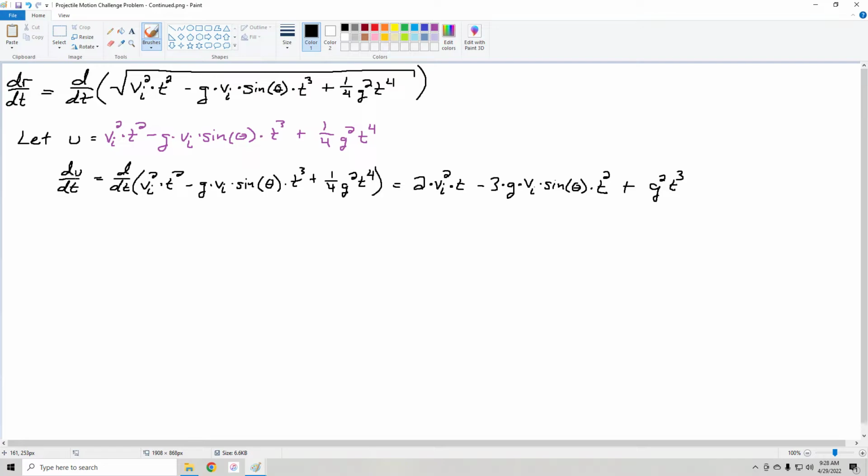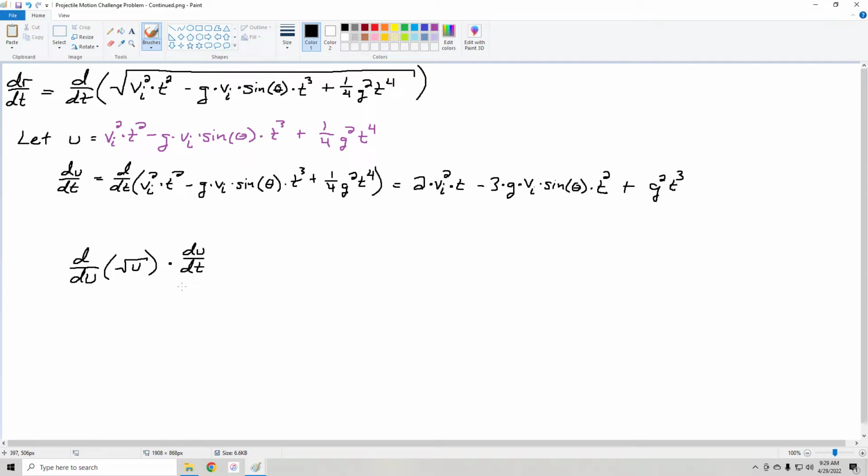Now let's finish off the u substitution method. We are taking ultimately a derivative with respect to u of the square root of u and then multiplying that by du over dt. That is the entire approach of the u substitution method.